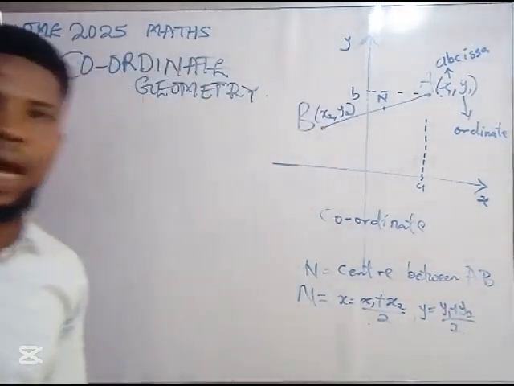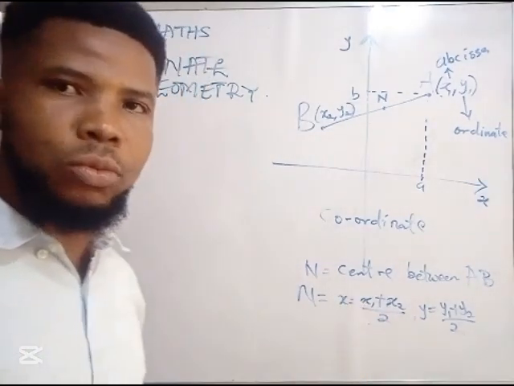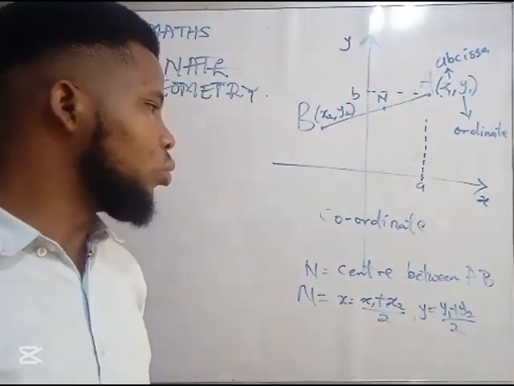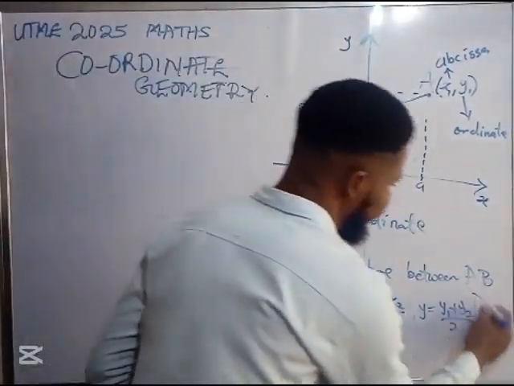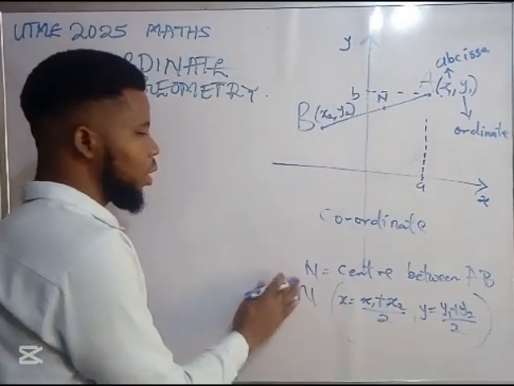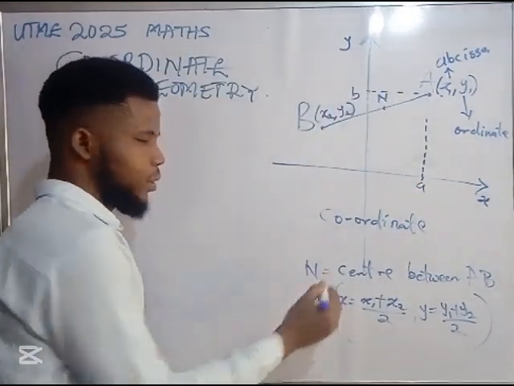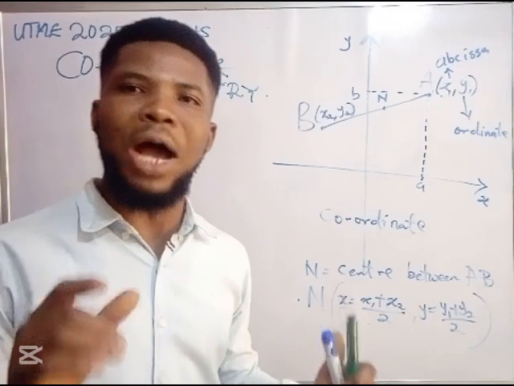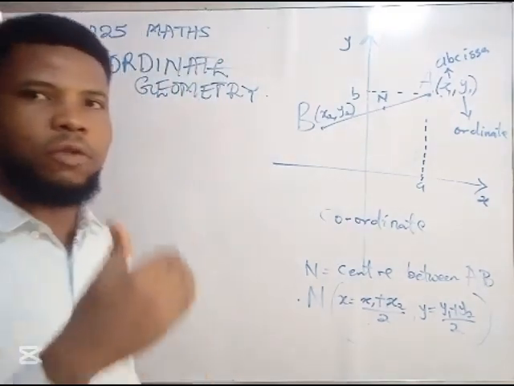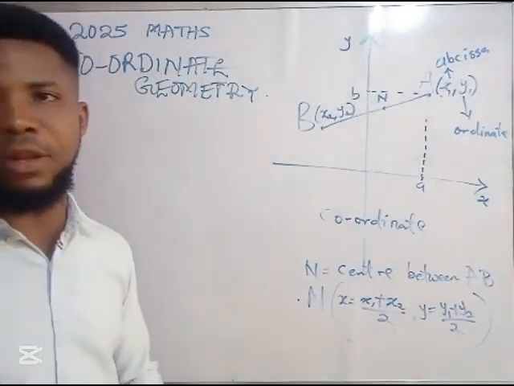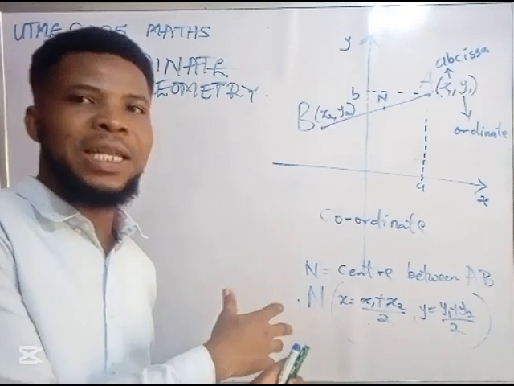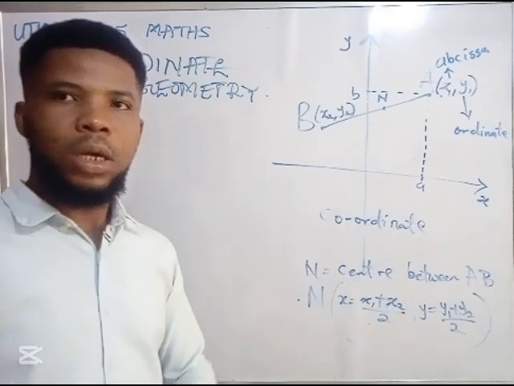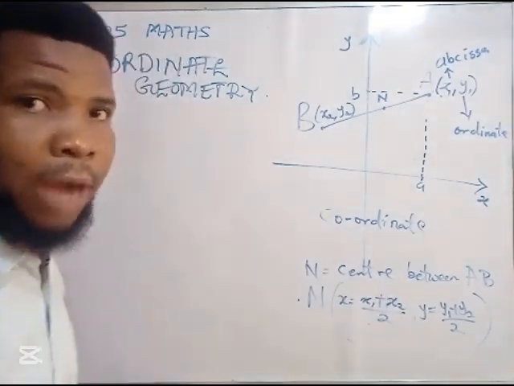I think you understand this now. So y1 plus y2 divided by 2 will give you the coordinate for N. So anytime you are given 2 coordinates and you are asked to find the center, you can just apply this formula. Or you have the center and you are asked to find the missing coordinate. I think you understand this now, right?